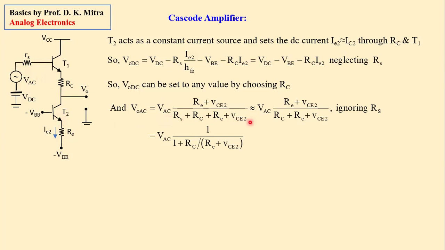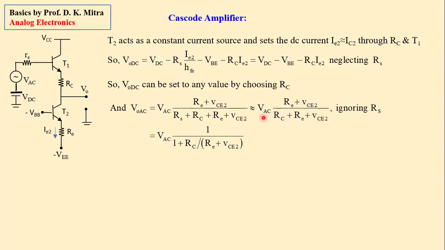So all these things together, and that multiplied by RE plus VCE2 is the output voltage here. Once again, if you ignore RS, VOAC is equal to VAC times (RE plus VCE2) divided by (RC plus RE plus VCE2).